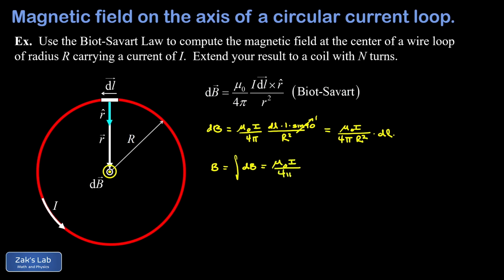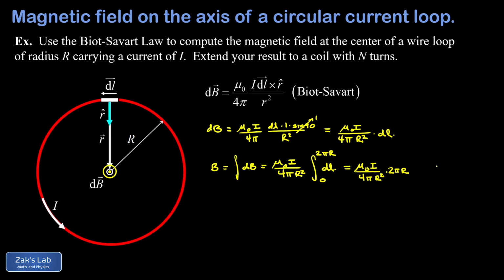So I end up with mu naught I over 4 pi big R squared, and then I just have the integral of dl along this path where we complete the entire ring. So to complete the entire ring, I just have to go around it once. So I'm going to integrate from 0 to my finishing value of L, which is 2 pi R, one circumference of the ring. And when I integrate dl, I just get L, and I evaluate across the limits of integration, and I just get 2 pi R.